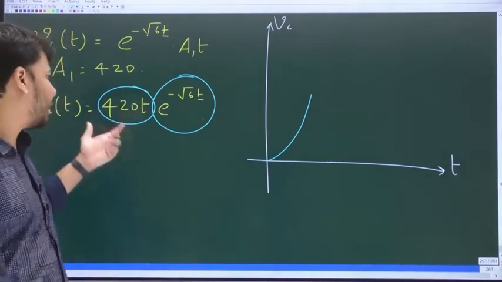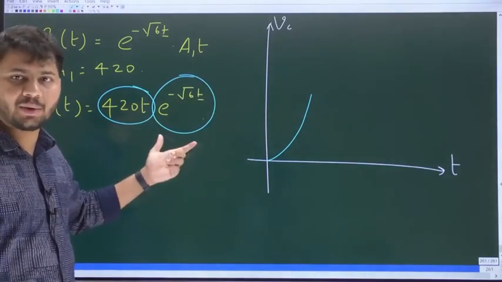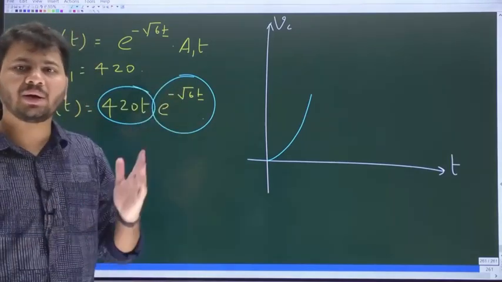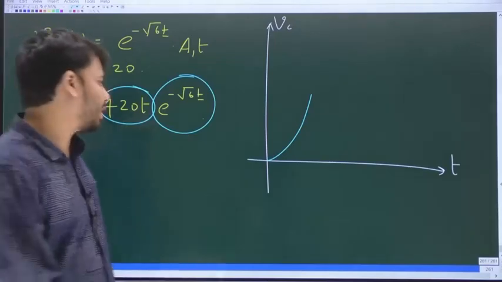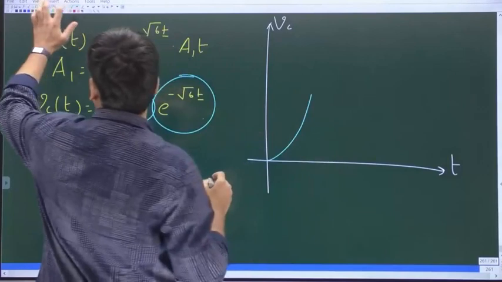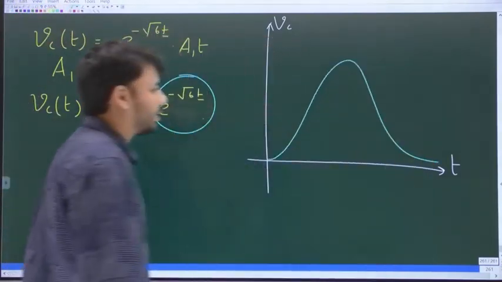So first increasing, then decreasing. Will it not reach a maximum value in between? Yes. So Vc increases, reaches a maximum value, and then it starts decreasing.